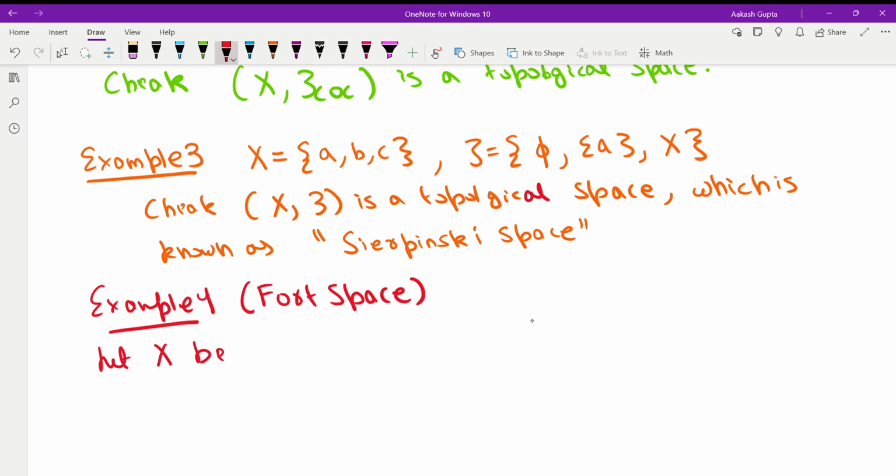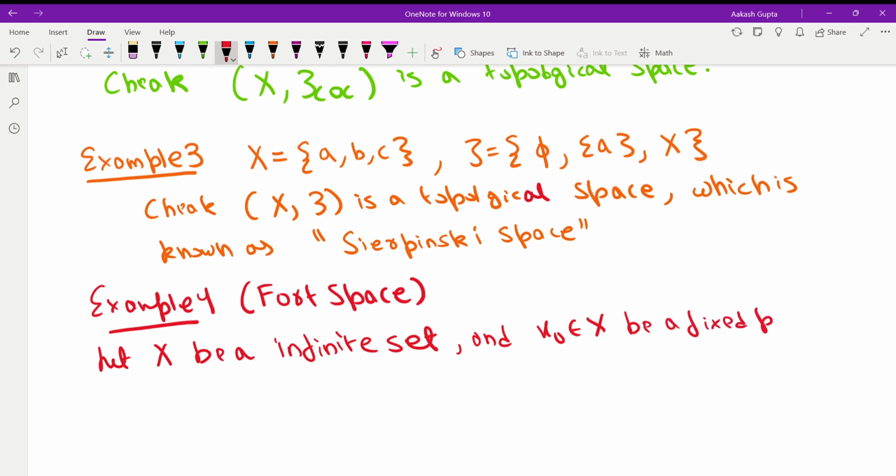So let X be an infinite set, and x naught belonging to X be a fixed point. I'm taking just a fixed point. Of course, I'm choosing this point arbitrarily, so whatever point you want to choose, you can choose.